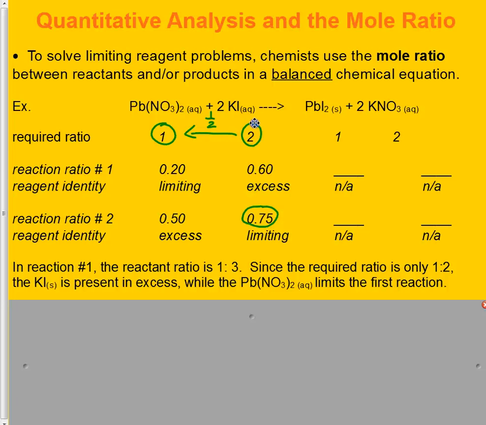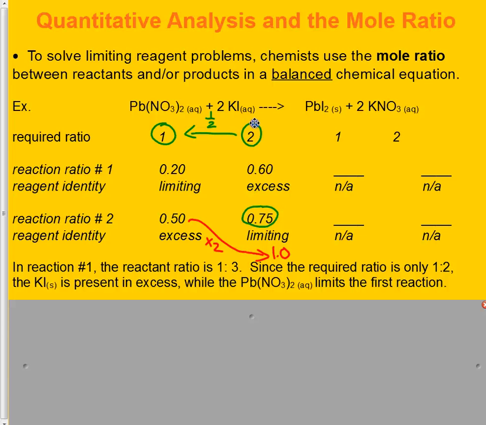We could reason it the other way and say a half mole of lead 2 nitrate would require double the potassium iodide, so we really need 1.0 moles of potassium iodide. We don't have that, so it's going to limit the reaction.